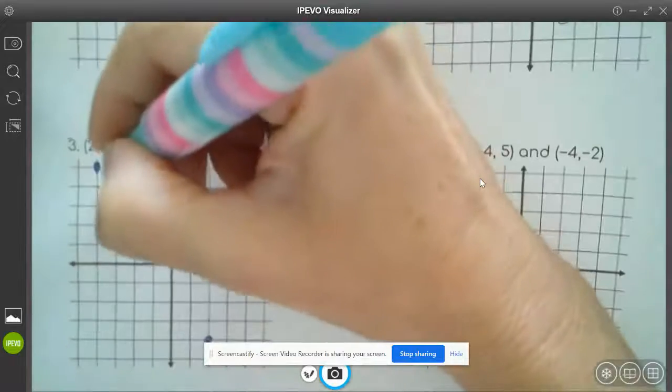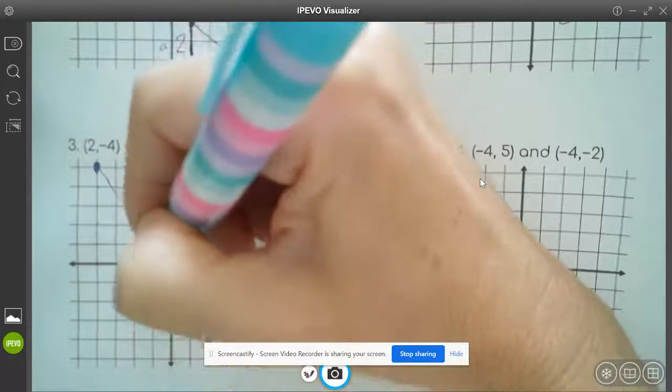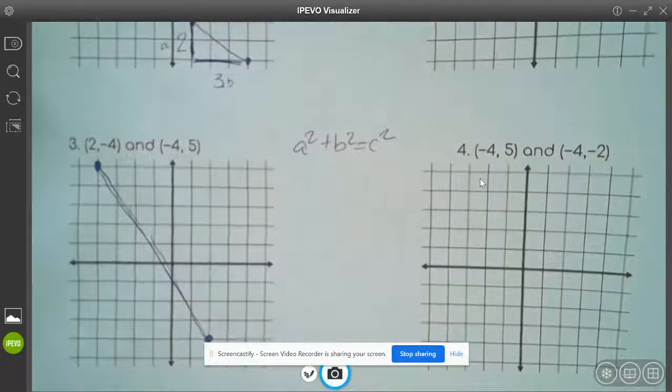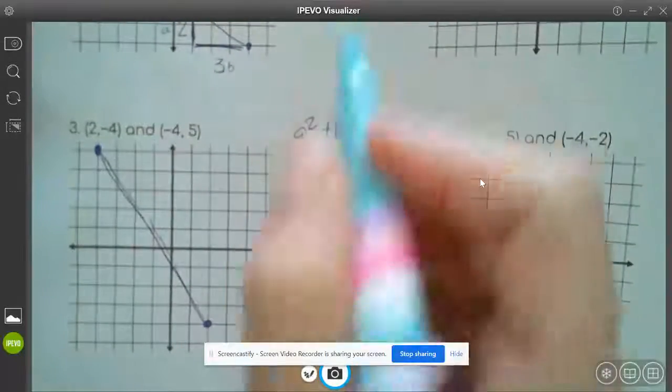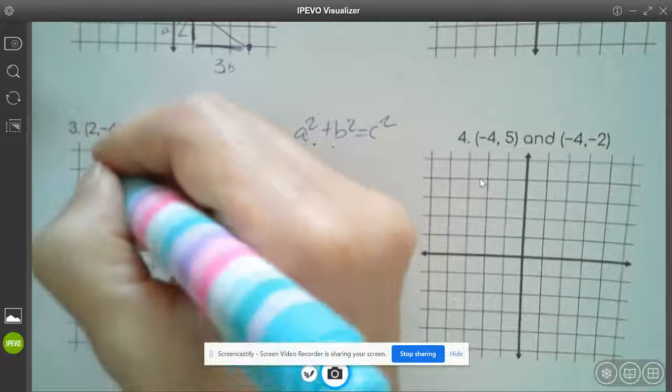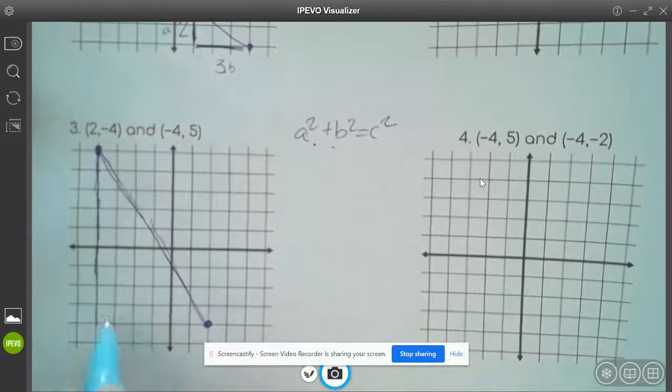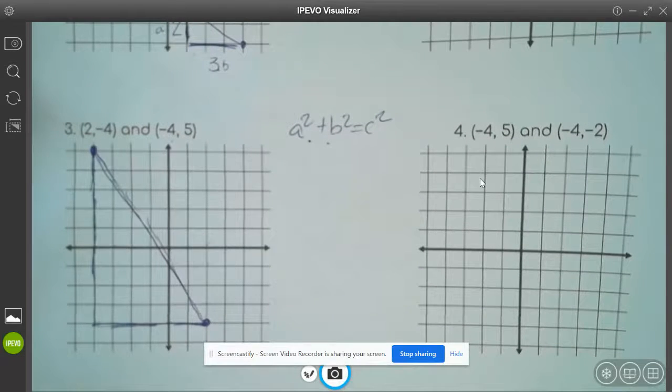All right, so that's a big line over here, right? So that's the hypotenuse, definitely. Well, in all of these, you're looking for the hypotenuse because that's pretty much what you're using the formula for. You're counting the units vertically and then horizontally, just like you do in slope to find the slope.